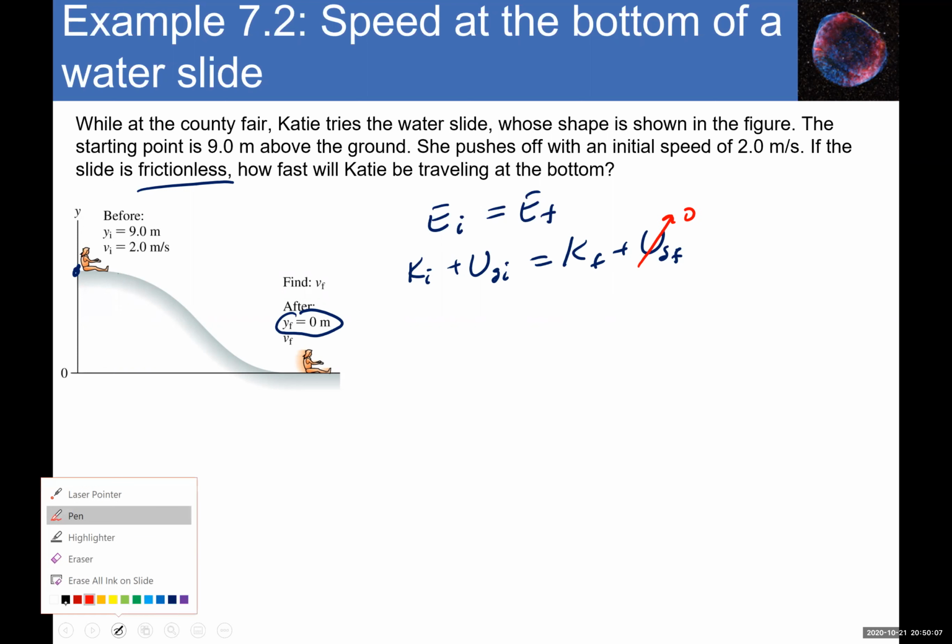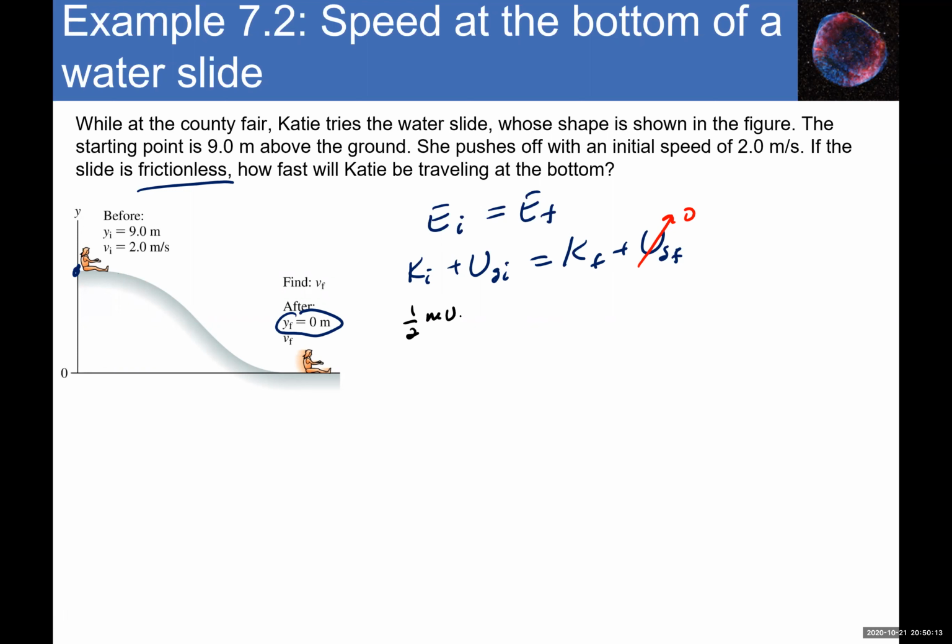But this time the object doesn't start from rest, so the initial kinetic energy is not 0. Then 1/2 m v initial squared plus m g y initial equals 1/2 m v final squared. I'm finding how fast it will be moving at the bottom, which means v final.